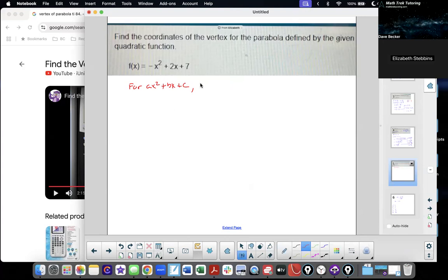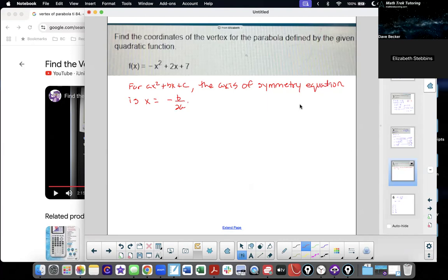Do you remember the term the axis of symmetry? Yes. Okay. The axis of symmetry equation is x equals negative b over 2a.